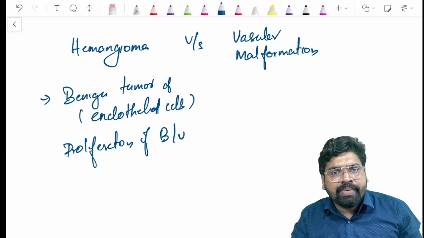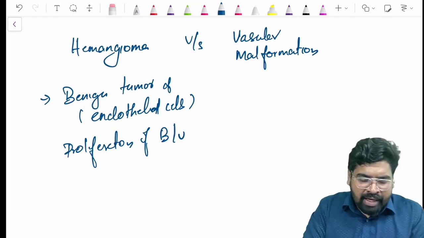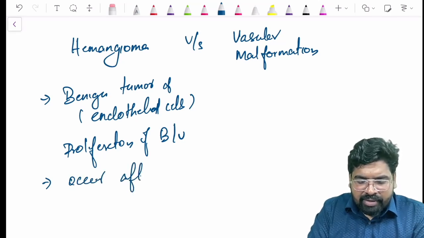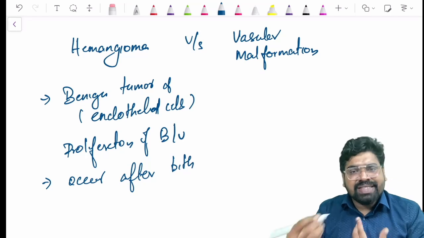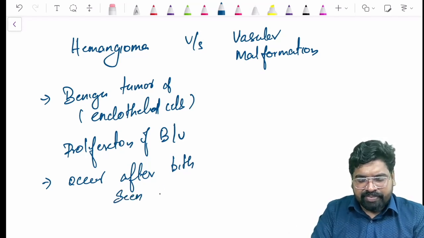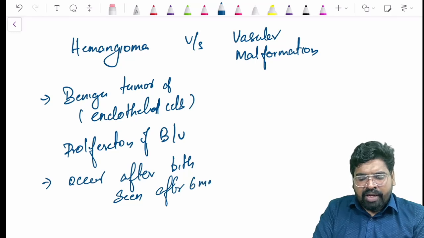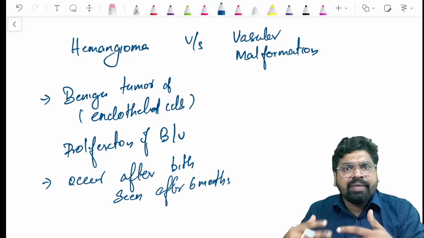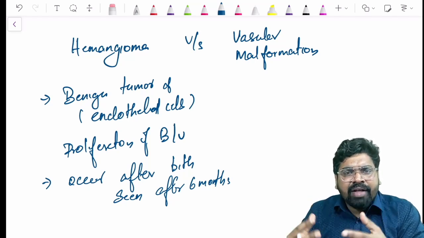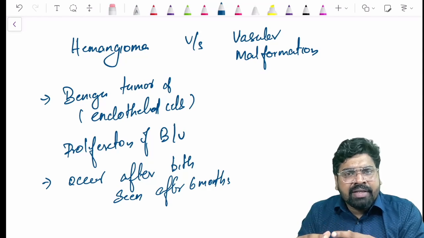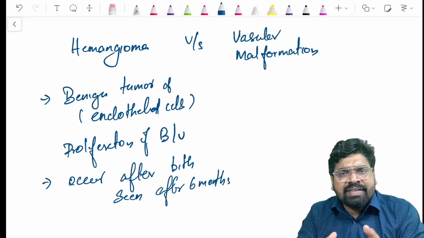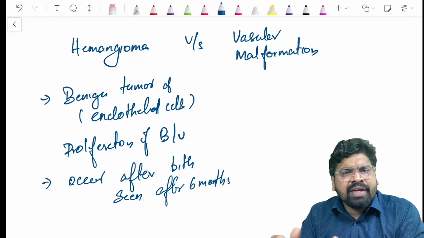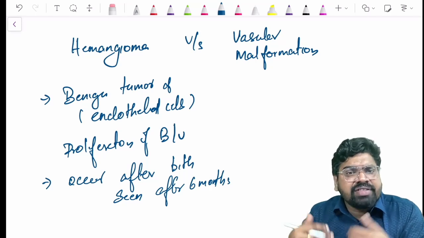Hemangioma usually occurs after birth, usually seen after 6 months. When the child is born and the child's vascular system develops, the hemangioma starts to appear in the later stages. It is not seen at the time of birth; near 3 to 6 months of age it will start appearing.